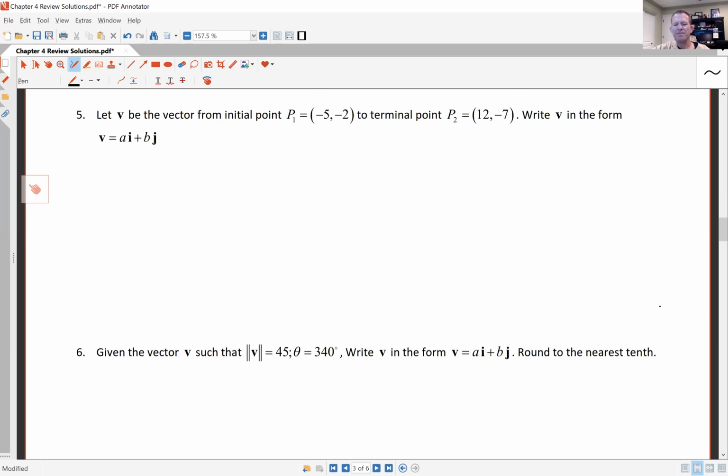When we graph a vector, we always take its initial point to be at the origin, called the tail, and then it goes to some tip depending on what quadrant it is in. In this example, we're saying that the vector we want from the origin out is equivalent to the vector that has a starting point of -5, -2, an ending point of 12, -7.